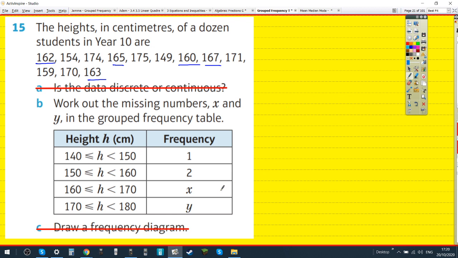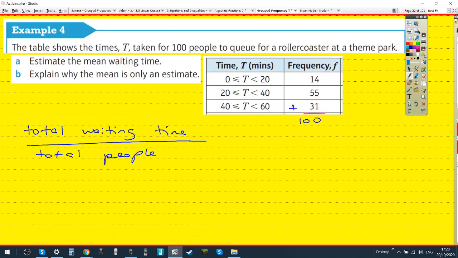So X is 5. And Y is 4. Y is 4. And so that's how those work.